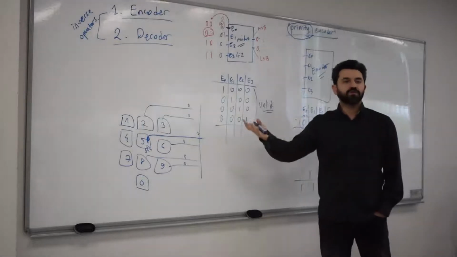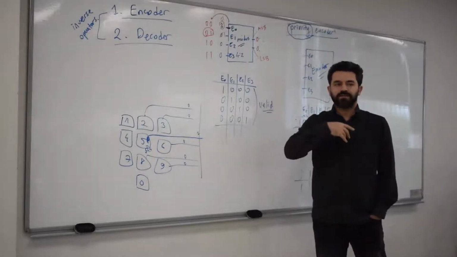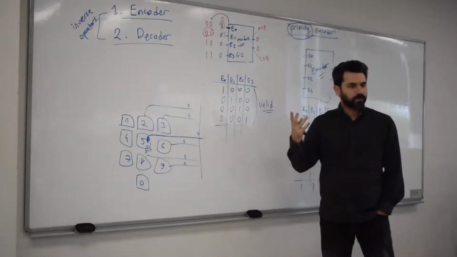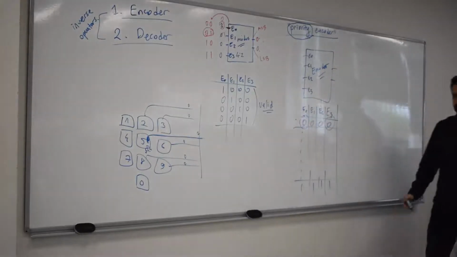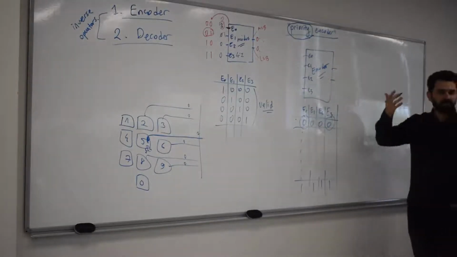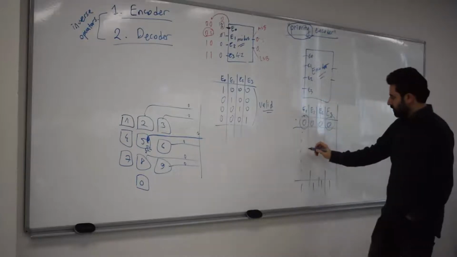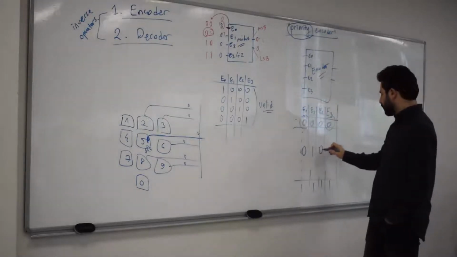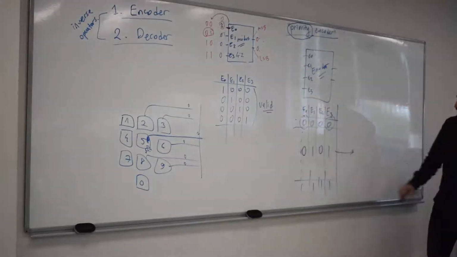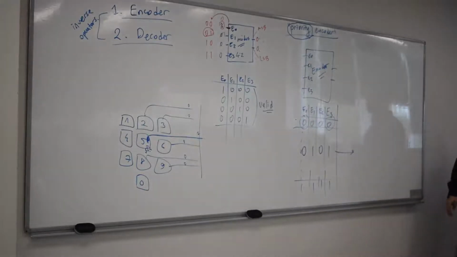The rest of the ones are treated as errors. That's just the description of the priority encoder. Let me give you an example. Let's consider this one, 0, 1, 0, 1. What would that be mapped to in this priority encoder context?